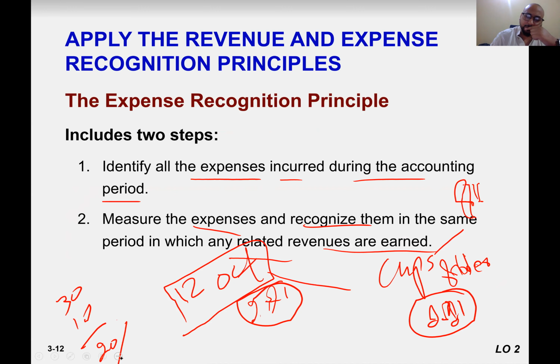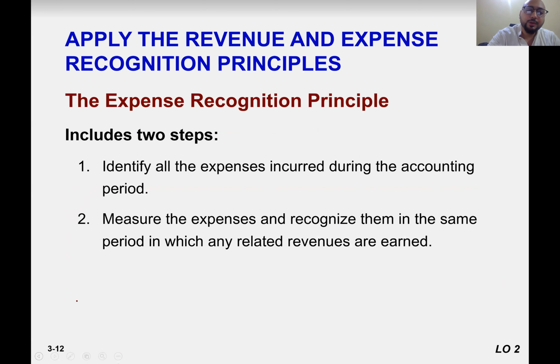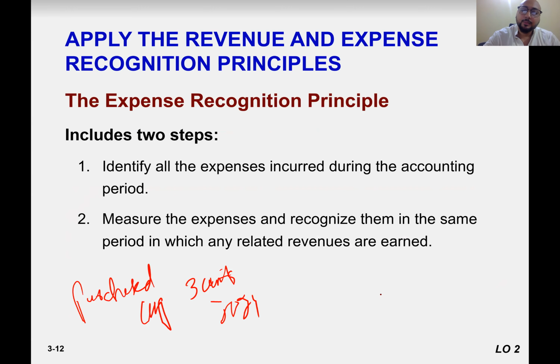But what happens if you purchased cups, for example 3 cups, 3 units, in December 2021, and you sell 2 lattes in January 2022?